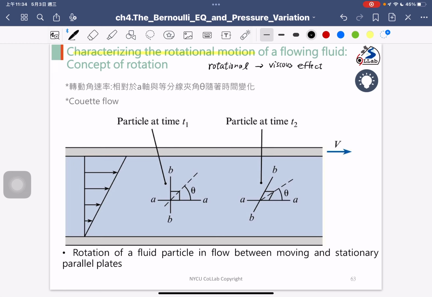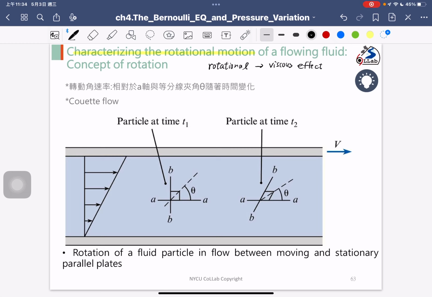So we cannot always say the flow is inviscid flow. When rotation happens in the flow field, the viscosity effect should be taken into account in our problem. We cannot neglect the viscous effect. Okay, so that's a major problem.